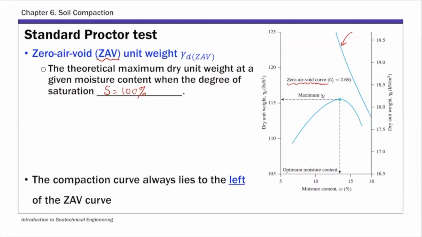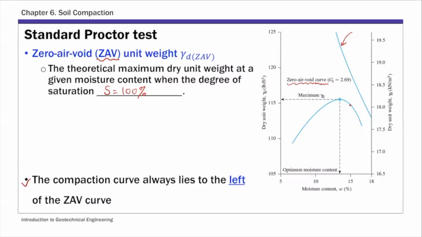But in reality, you're not going to get that theoretical maximum gamma D ZAV. So that's why I put a note here. If you look at the compaction curve, it always lies to the left of the ZAV curve, which means at any point on the compaction curve, the dry unit weight is smaller than the theoretical maximum.